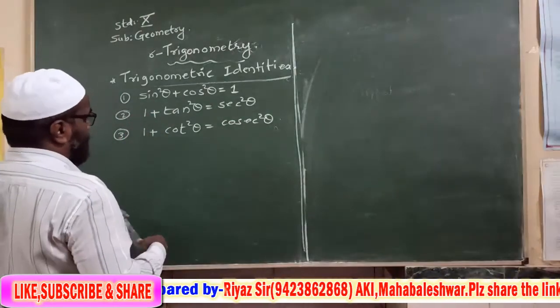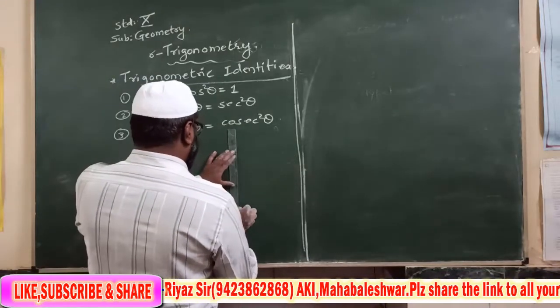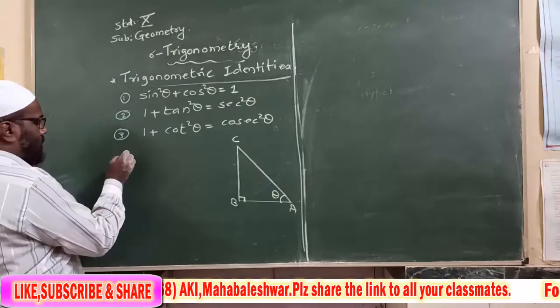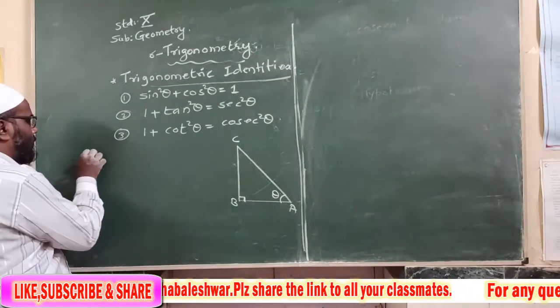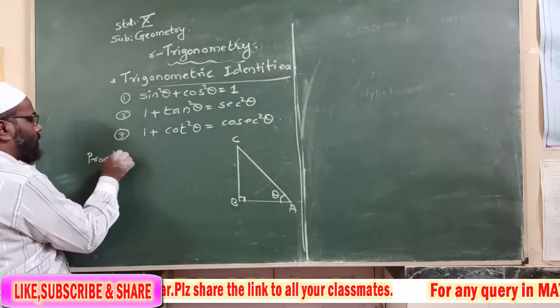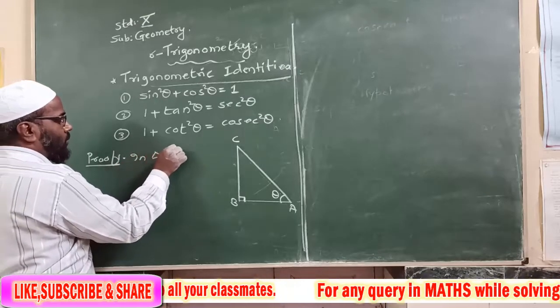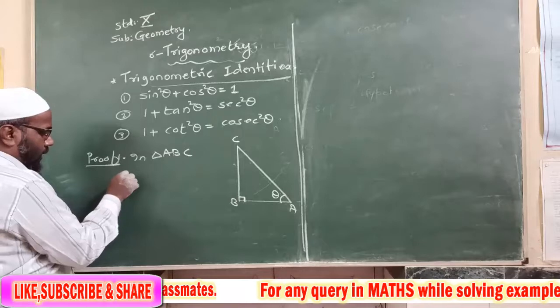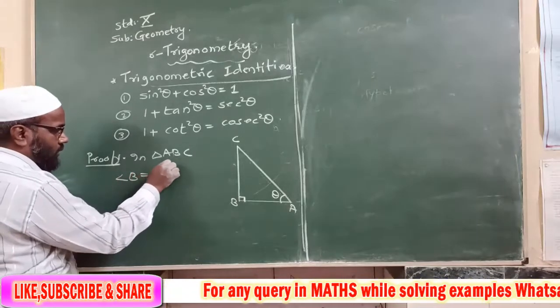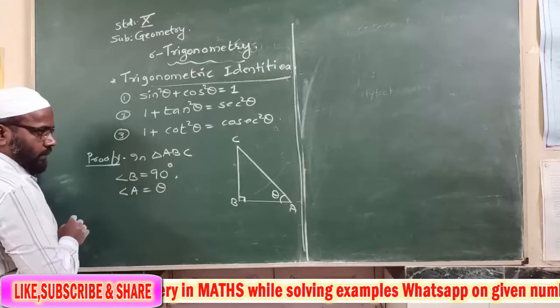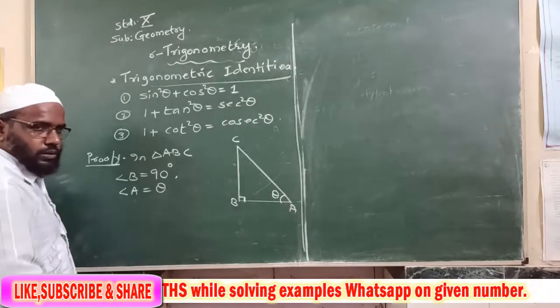So for the proof, we consider one right angle triangle here. Proof: in triangle ABC, angle B is equal to 90 degrees, and angle A is equal to theta, we consider.